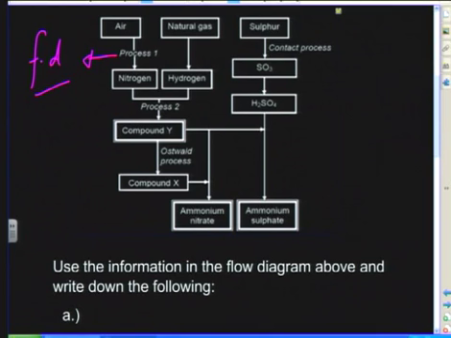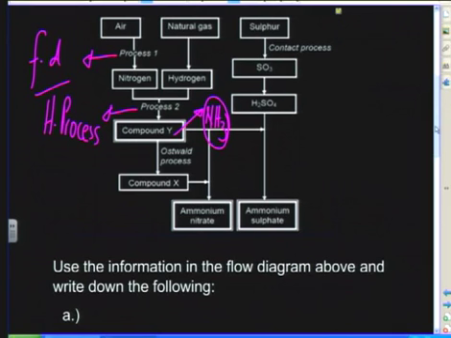Process 2, it's nitrogen and hydrogen. What is this one? This is the Haber process, okay? And compound Y is produced. What will be compound Y when you have got nitrogen and hydrogen? That will be ammonia, okay? Because that is what is produced in Haber process. If you have Ostwald process, which is now compound Y reacting with another compound here, you're going to produce ammonium nitrate.